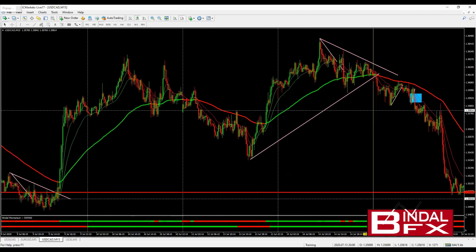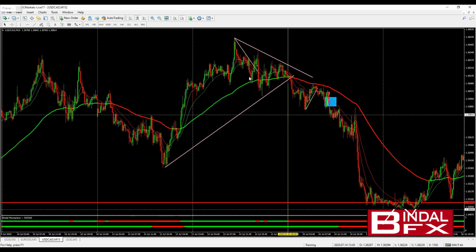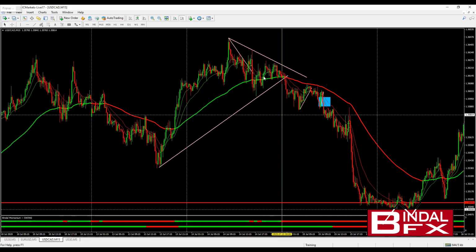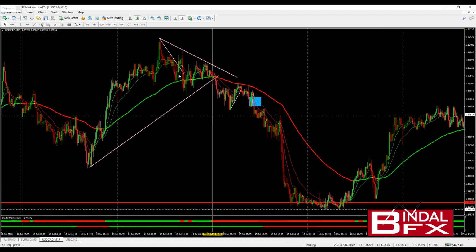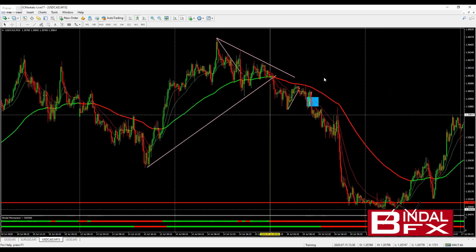Okay, so this is an example of a trade that I think 3 members took on this week, in the journal. So I wanted to bring this up quite specifically, so you can see. This is on USD CAD.